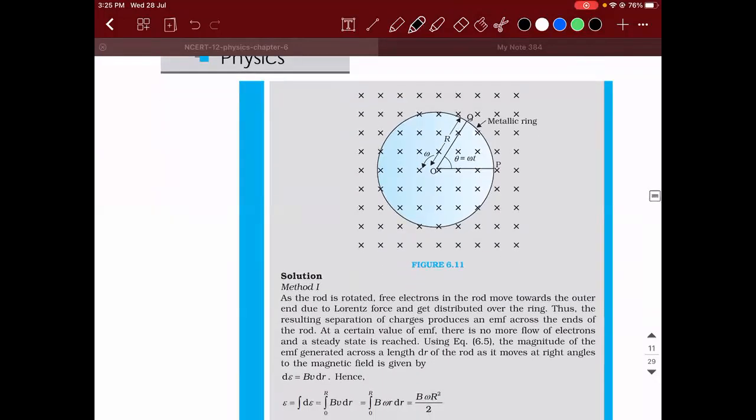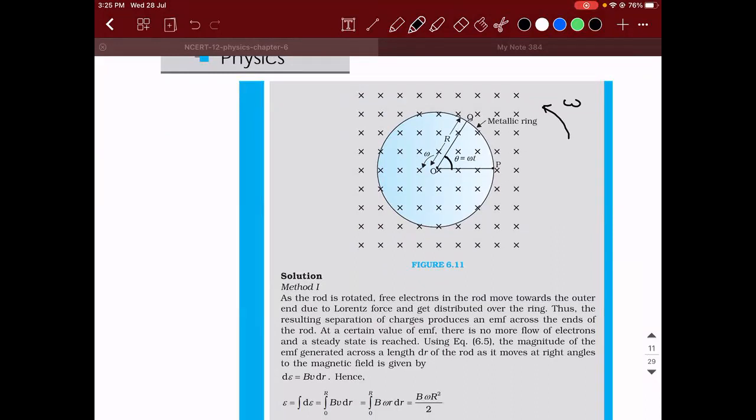See, what we need to do is, this end O is fixed, and P is the one which is actually moving. And let's say the metallic rod is moving with a constant angular velocity omega. And in time t, let's say it has swept an angle theta with respect to its initial position.